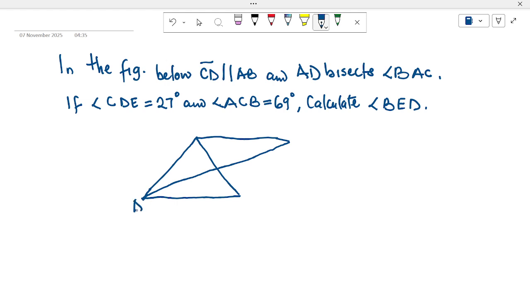So we have A here, we have B here, we have C, and we have D. According to the question, angle CDE, we have E here. This intercept is E. So we have angle CDE, which is this angle, to be 27 degrees.